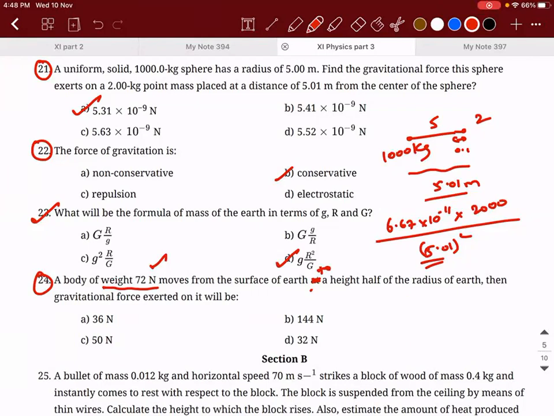One minute, let me read the question. Body of weight 72 moves from the surface of the earth at a height. Doesn't make sense. Okay, to a height of half the radius. So what will be the force then?